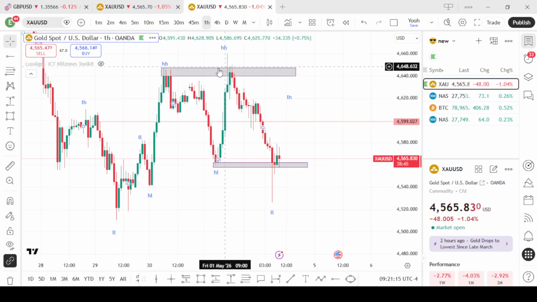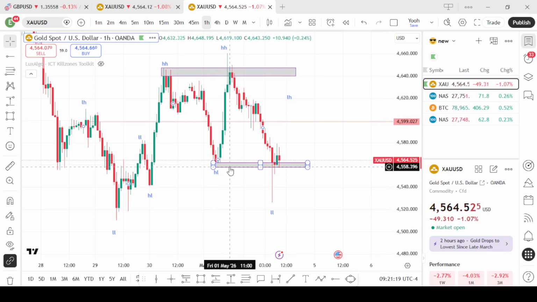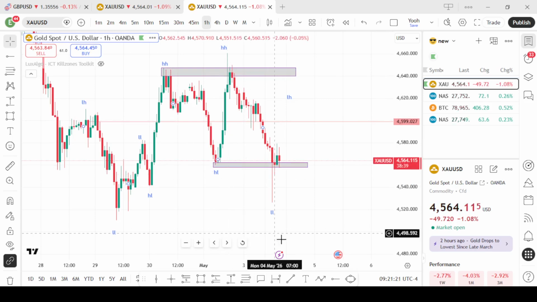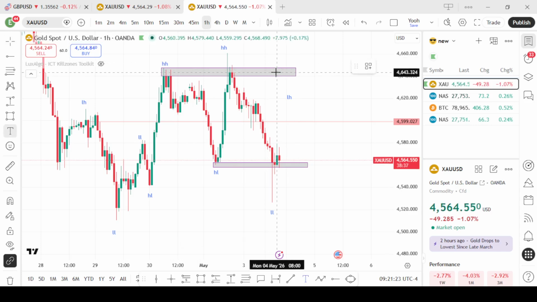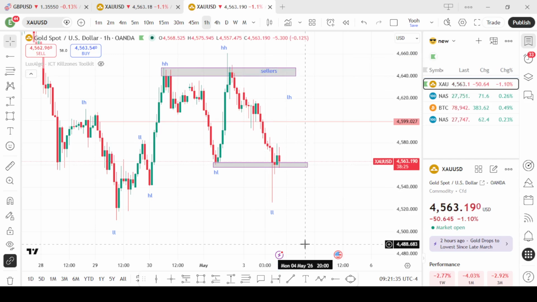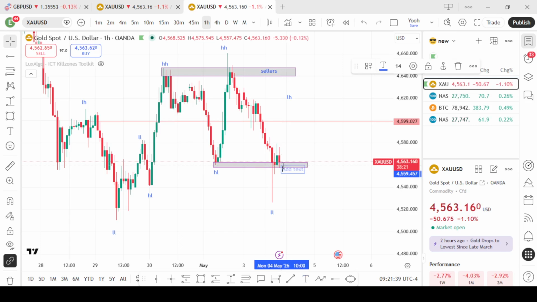So this is where our sellers are. This is where our buyers are currently. And just write this. This is where our sellers are at the moment. And here we have buyers. Buyers are holding this.